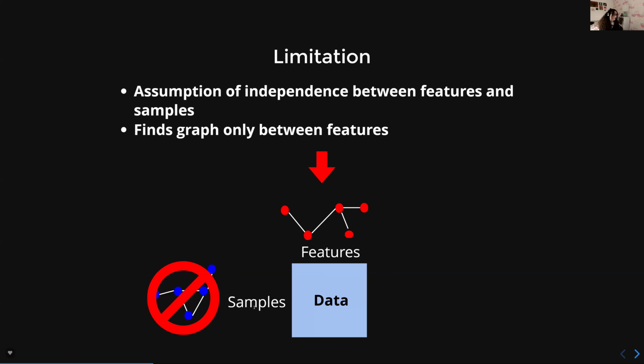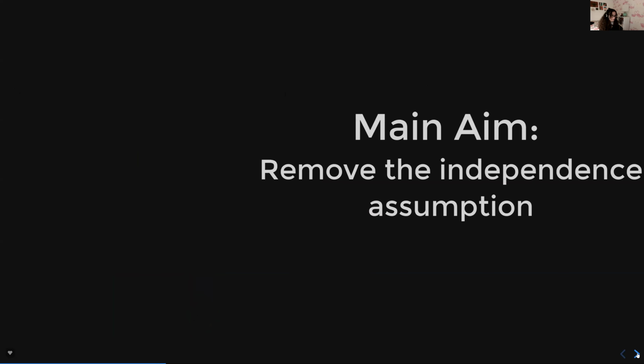But if we then go on the other dimension, the samples, we go against the previous assumption of conditional independence. So in practice, we can't assume that the features are independent. We cannot proceed in one direction and then in the other, because we made an assumption, and we can't contradict it.